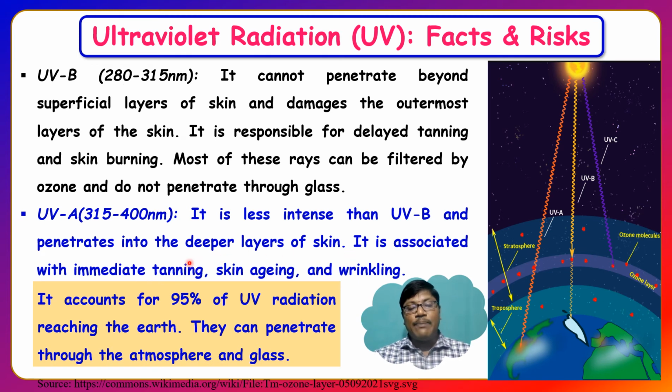It penetrates deeper layers of the skin. It is associated with immediate tanning and skin aging and wrinkling. UVA accounts for 95% of the UV radiation reaching from Sun to Earth. These UVA rays can penetrate through the atmosphere and even through glass.